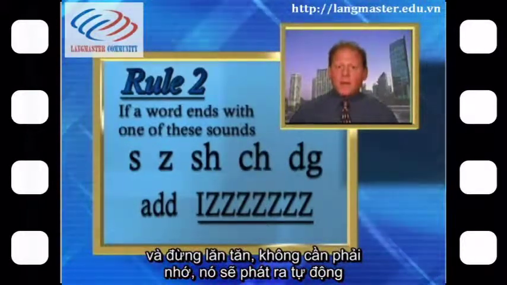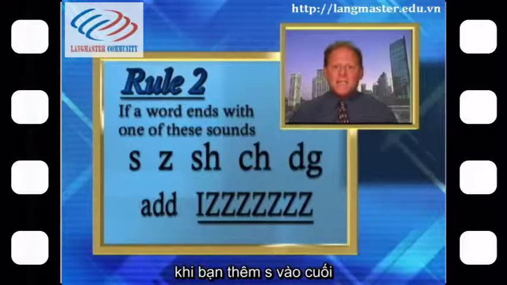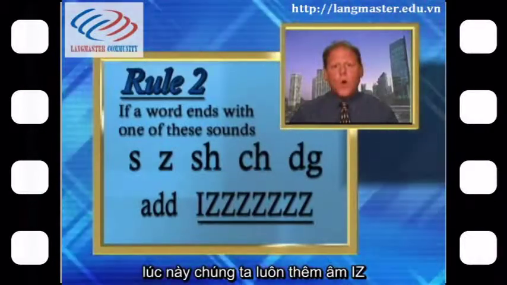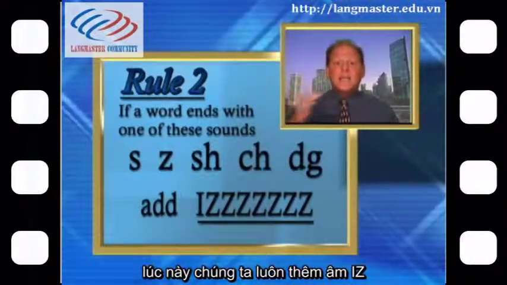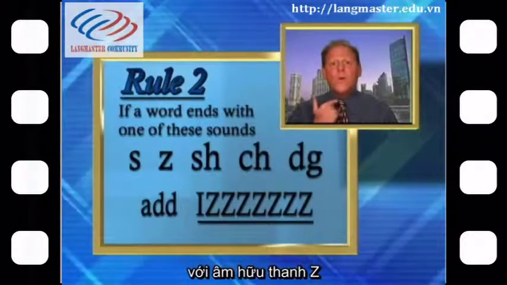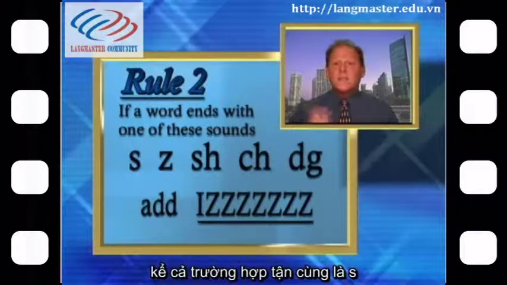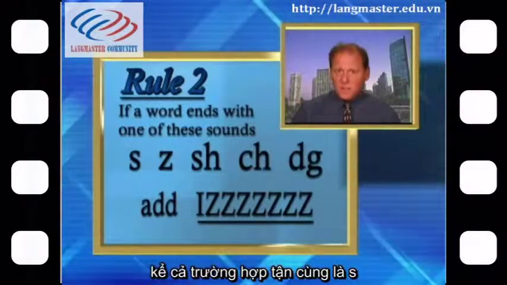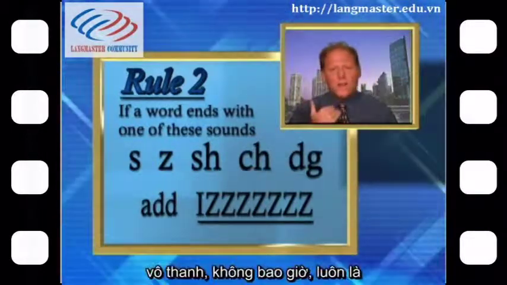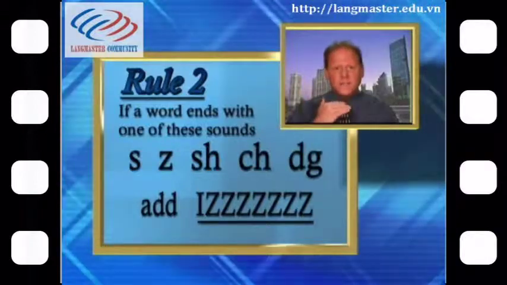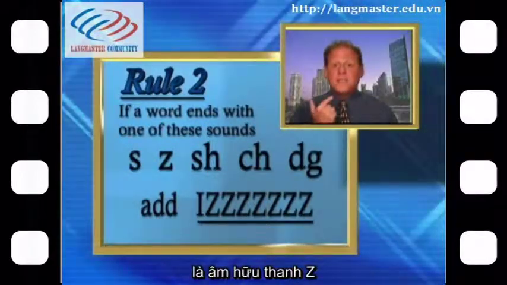It will become automatic. When you add an S ending, this time we always add the ending is with a voiced Z. It doesn't matter that it's spelled with an S. It's never is, unvoiced, never. It's always is with a voiced Z.